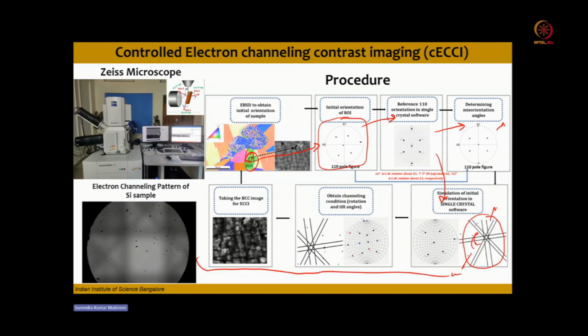Then when defects are present on the sample surface, they get highlighted by the bright regions. So this is the standard pattern for electron channeling contrast imaging, which is called controlled electron channeling contrast imaging, because you know the orientation of that grain, and based on the orientation you get the Z and X for the two beam condition, and you put them in the sample stage.